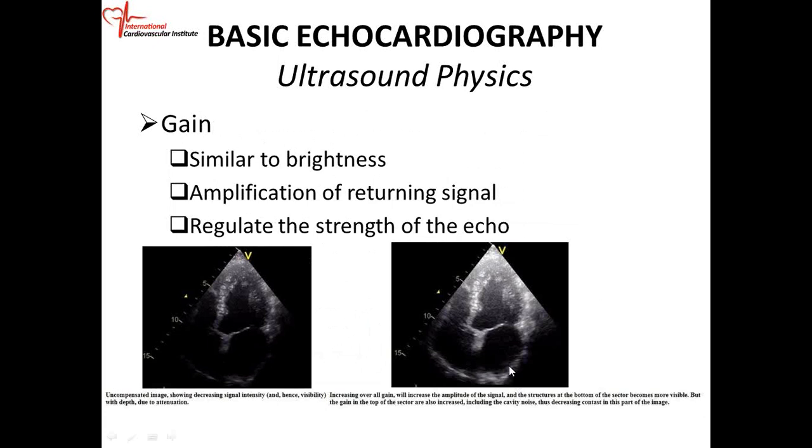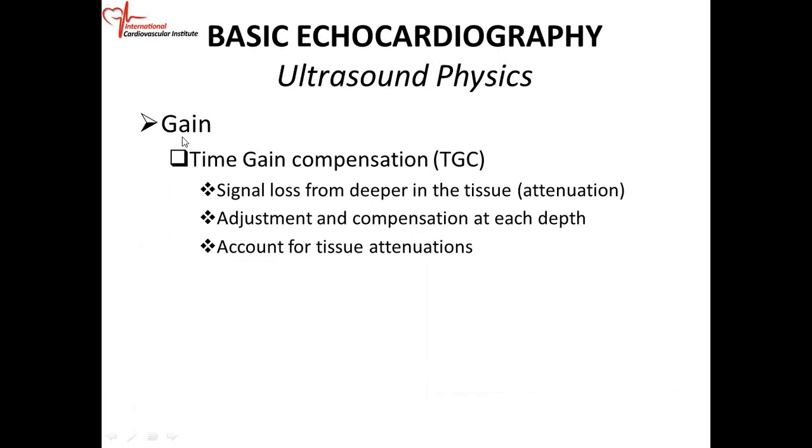But if you adjust your gain, then you can see the atrium much better, because you can amplify the returning signals from deeper structures, so you can see them better. On the machine, you will have the TGC button, time gain compensation button. You can have overall gain. So on the machine, you have overall gain and you have your TGC.